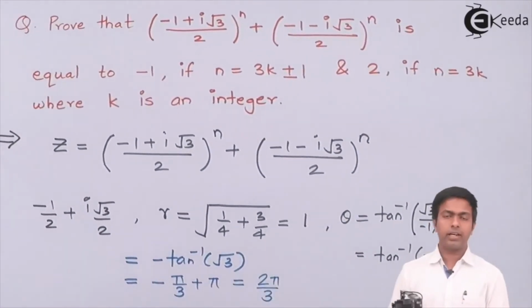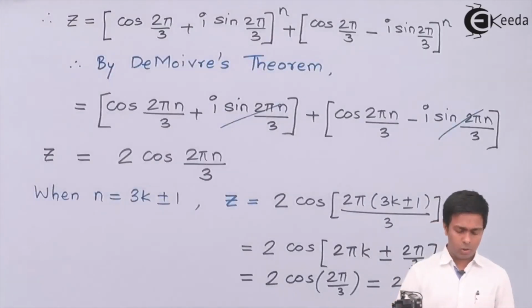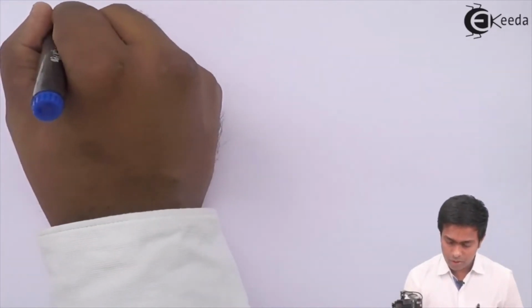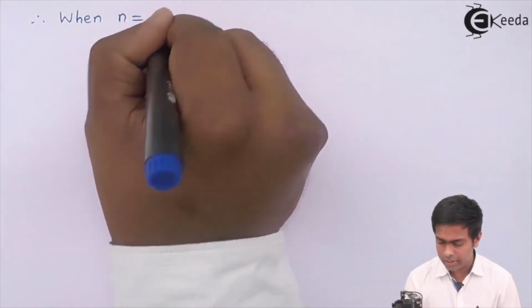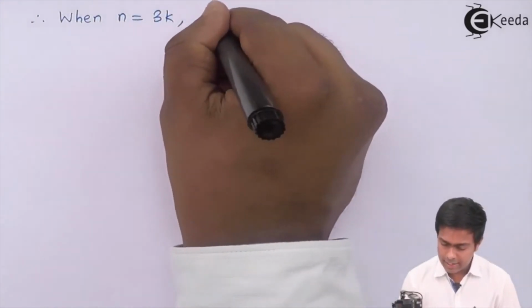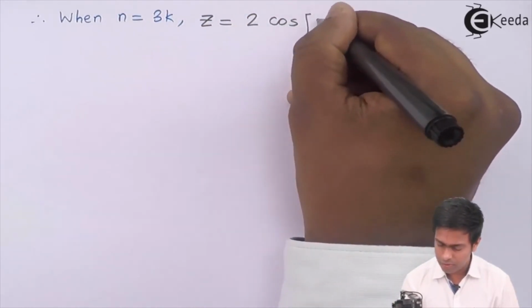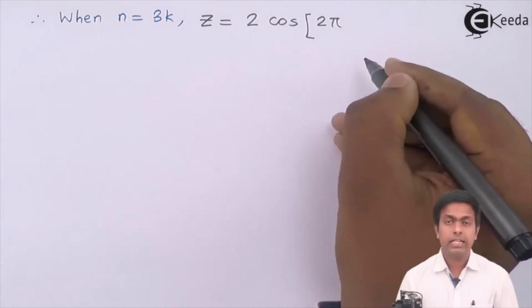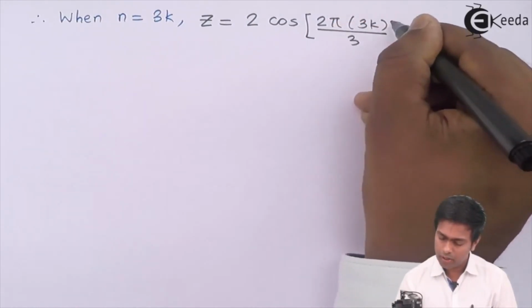Now let's prove the second result, which says the answer is 2 if n is 3k. So when n is equal to 3k, let's see what happens. z will become 2 cos of 2 pi times 3k upon 3.